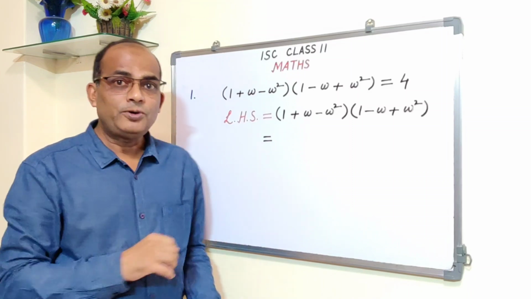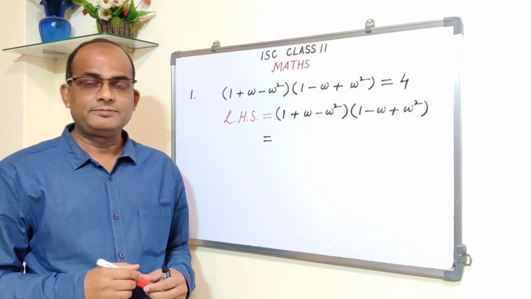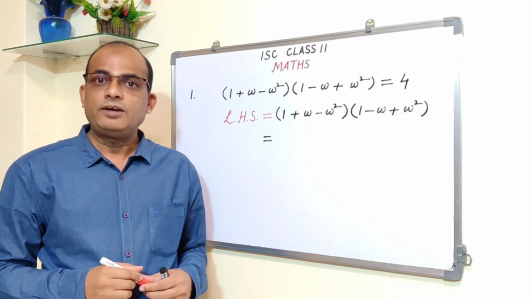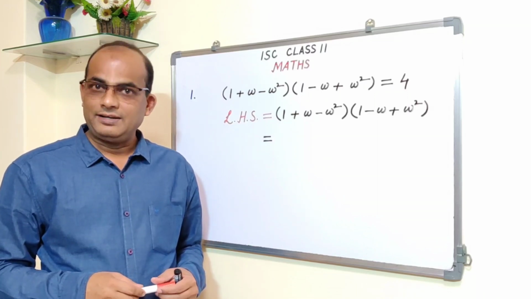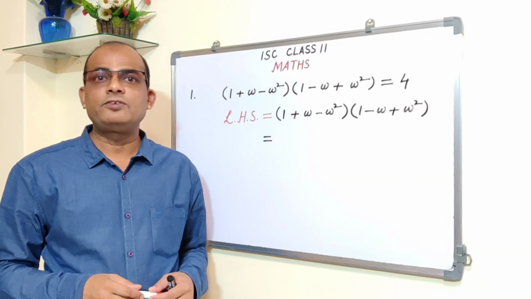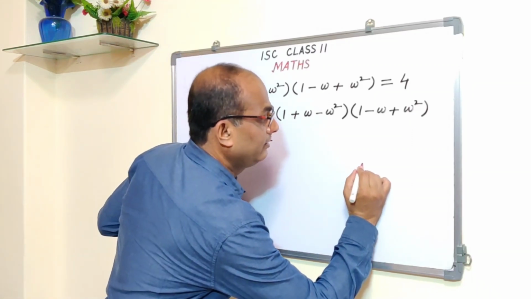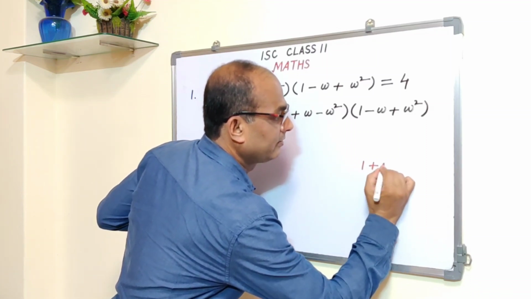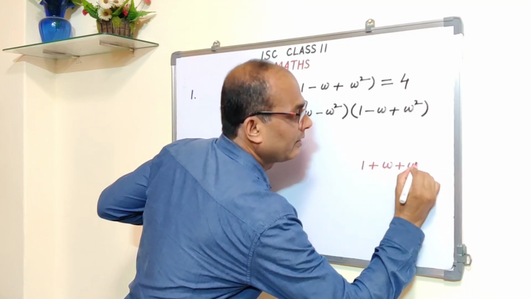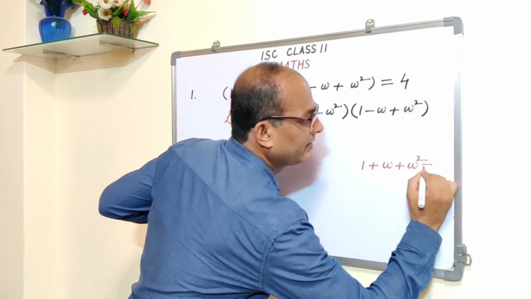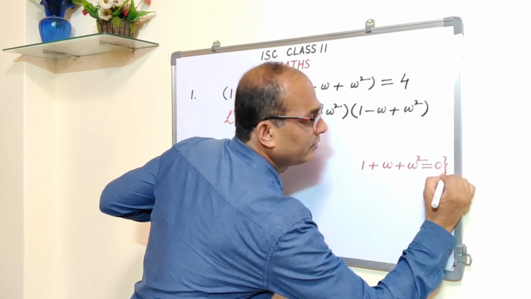Now see, one important result we know, which I have discussed in one of my videos. That result is 1 plus omega plus omega square is equal to 0. This result we are going to use here.